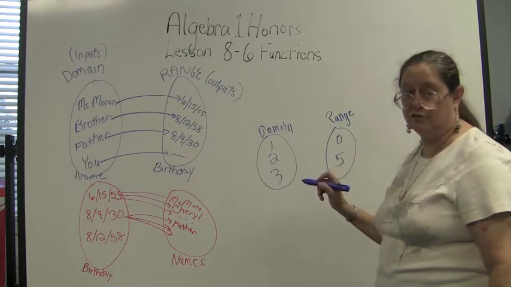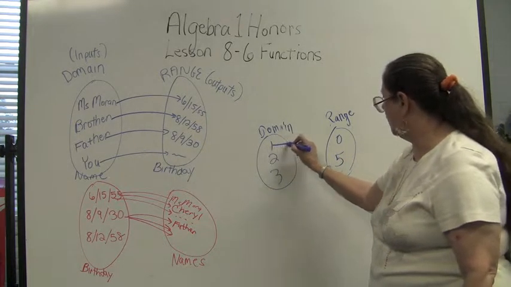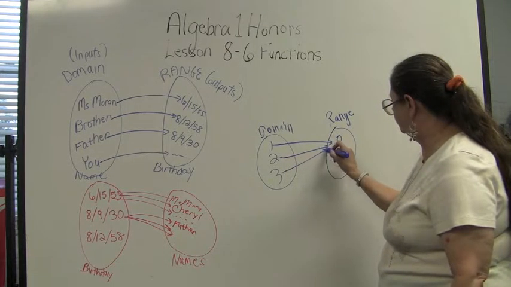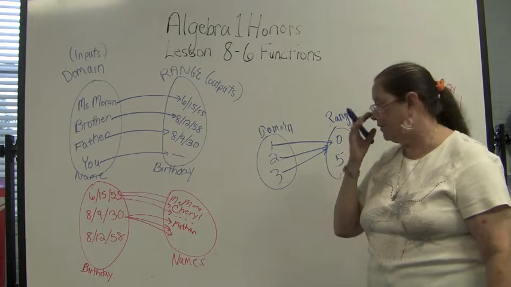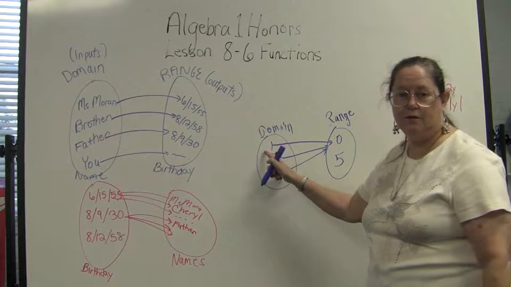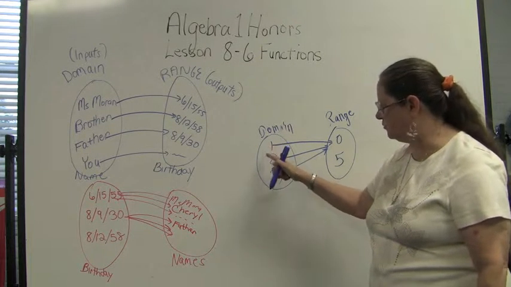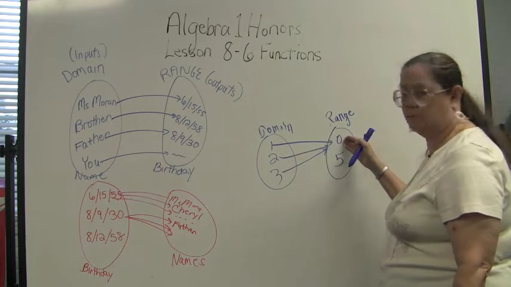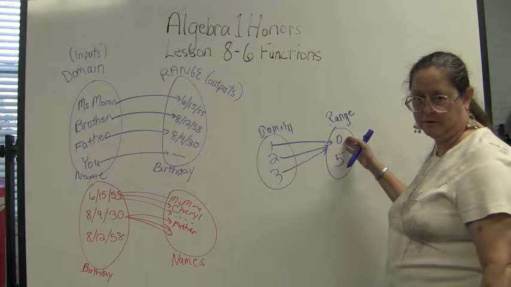It's okay, it's still a function if 1 maps to 0, 2 maps to 0, and 3 maps to 0. There's nothing that says that different elements in the domain can't all match up with the same element.